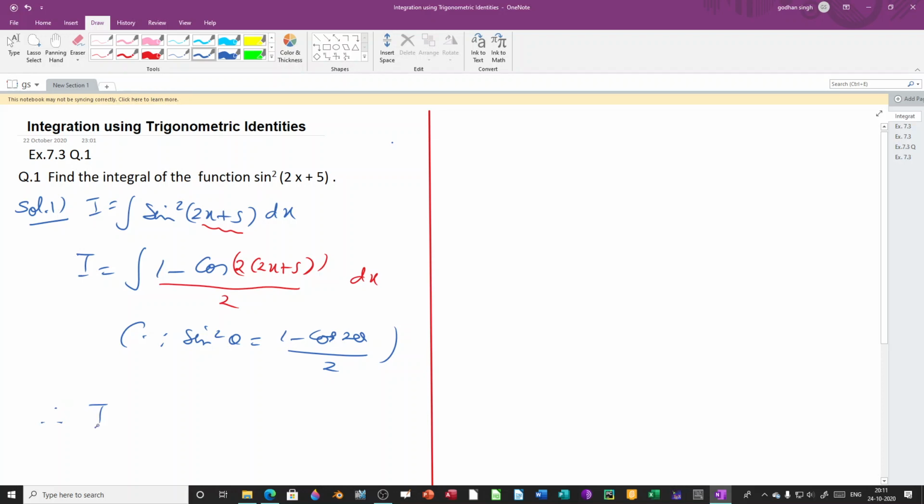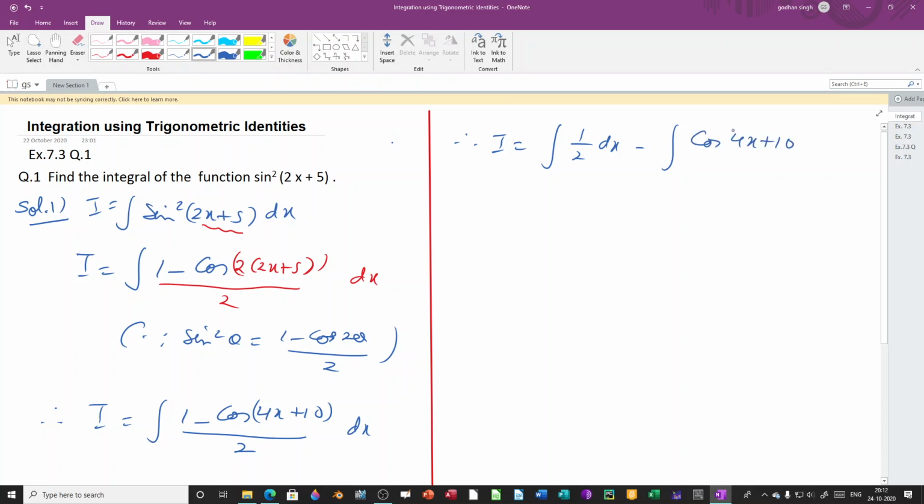Therefore I equal to the integral of 1 minus cos 4x plus 10, in bracket, whole divided by 2 dx, and we'll separate this. Therefore I equal to the integral of half dx minus the integral of cos 4x plus 10 over 2 dx.